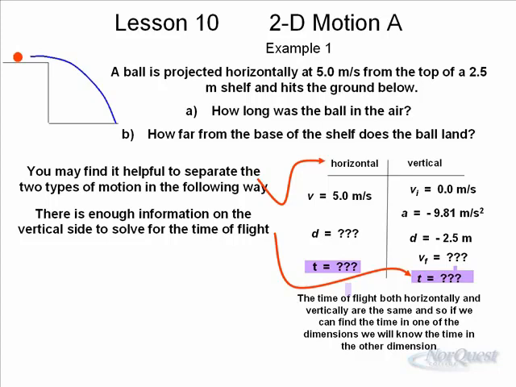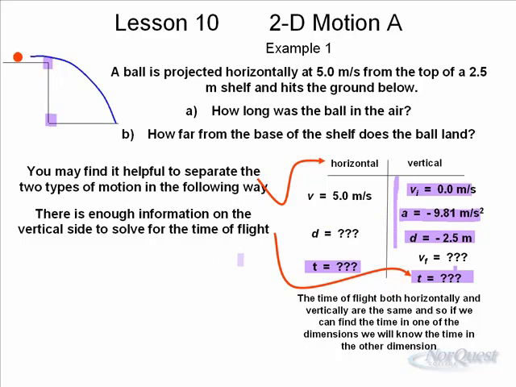But of course, as soon as it leaves the edge of the shelf, it starts to accelerate and pick up speed. So using this information, we have the initial velocity 0, acceleration 9.81, displacement is going to be 2.5 meters. From the top to the bottom of the shelf is 2.5 meters. So that's the vertical displacement. So having 3 variables, we can figure out the 4th.